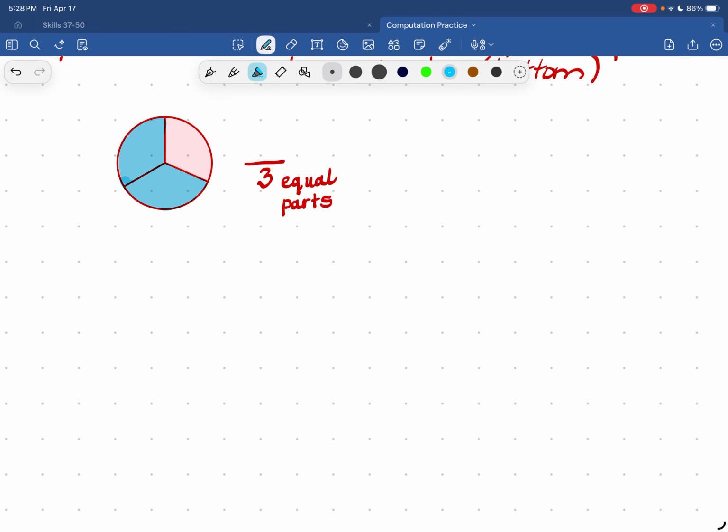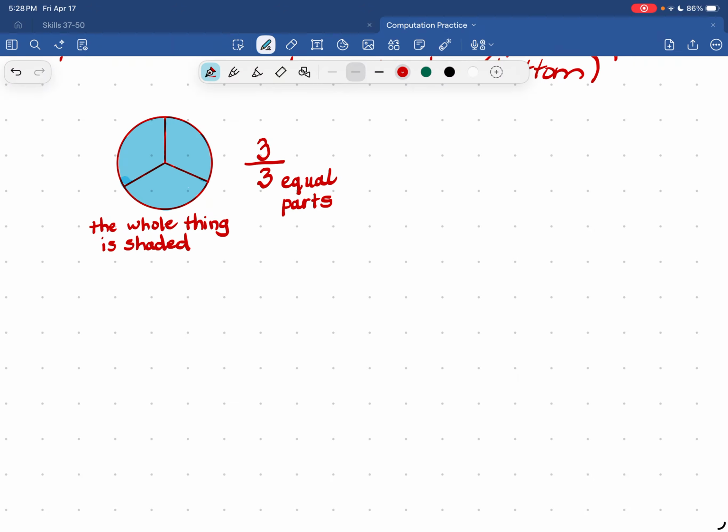Still a proper fraction. But at the point that I shade 3/3, it's no longer proper anymore. It's called an improper fraction. 3 equal parts, 3 are shaded, so I would say that the whole thing is shaded. There is no unshaded part.